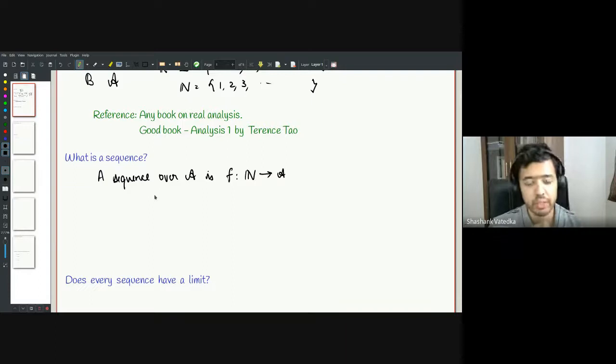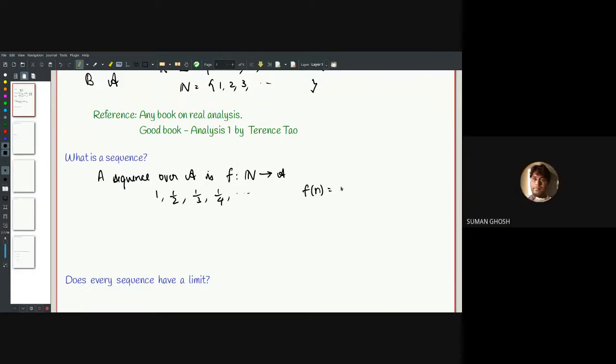So for example, when I define a sequence 1/2, 1/3, 1/4, and so on, what is the map? What is f of n equal to? It is just 1 over n.